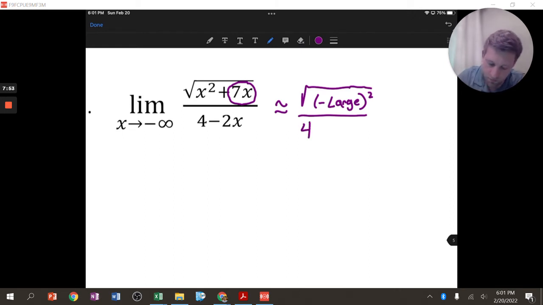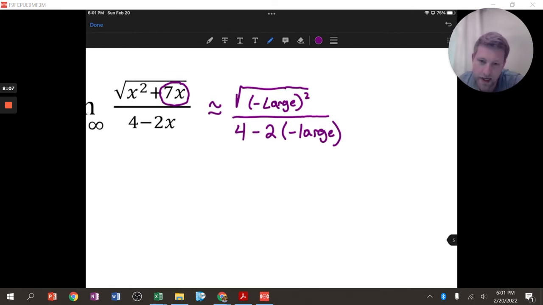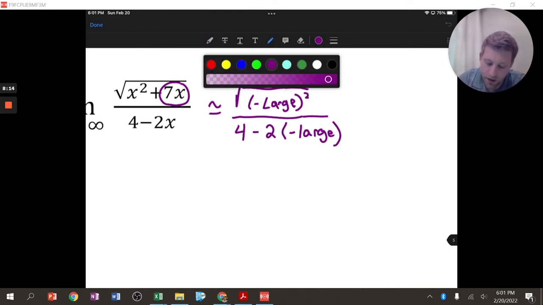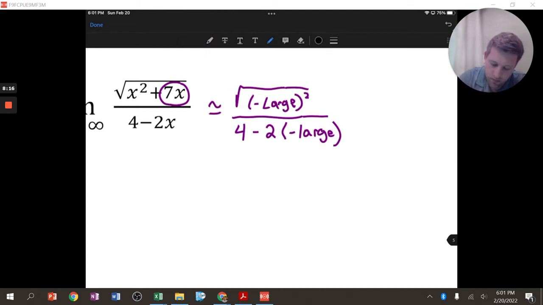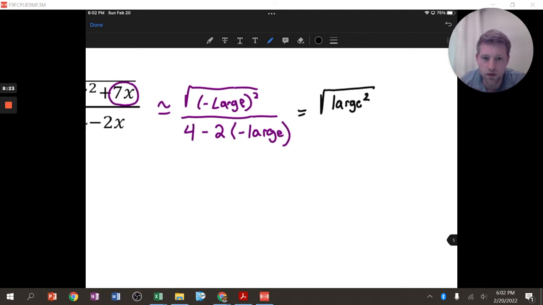If I plug that in, I'd have negative 2 times something very, very large negative. Notice that we want to consider these negatives here. If I have the square root of something negative large squared, that's just going to be really a positive large value, and with that square root, we're just going to get some large value.